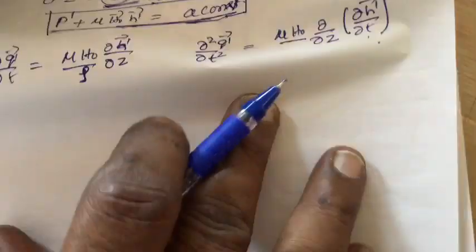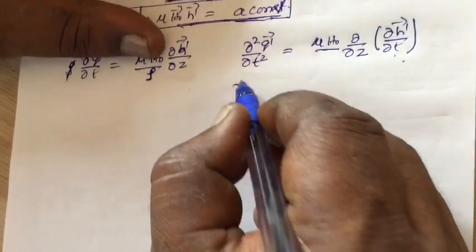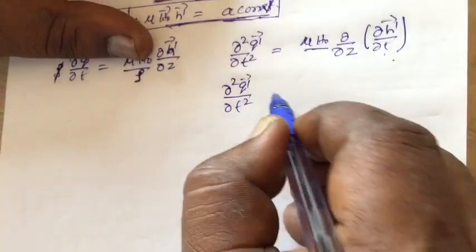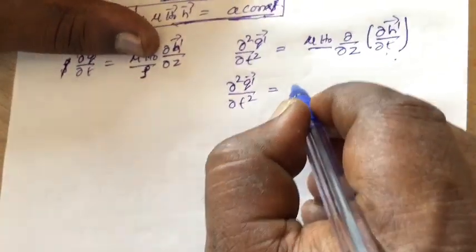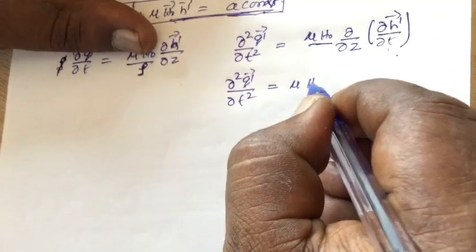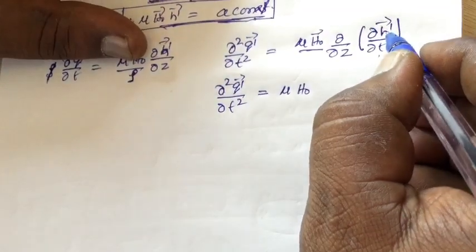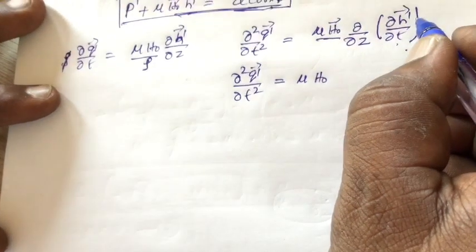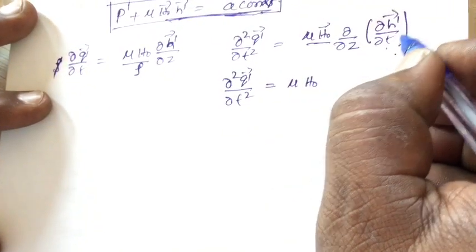By substituting this in this equation, you are going to get del square q dash by del t square is equal to mu into H naught, so by substituting this, that is nothing but H naught into del q dash by del z.